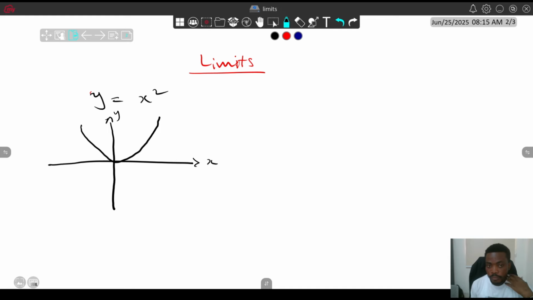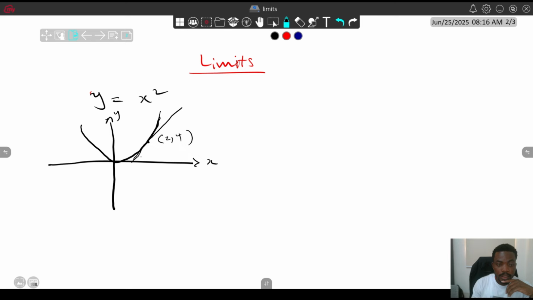Now, if we want to find the slope of a tangent line to this function, say the slope at the point (2, 4), the problem here is that to find the slope of a line or a curve like this, we need at least 2 points.